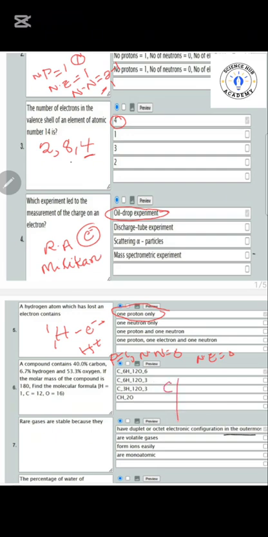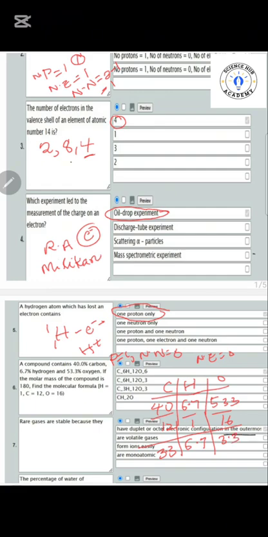Carbon is 40, hydrogen is 6.7, and oxygen is 53.3. So we divide by the atomic masses: 12, 1, and 16. So 40 divided by 12 gives us 3.33, hydrogen gives us 6.7, and oxygen also gives us 3.33.